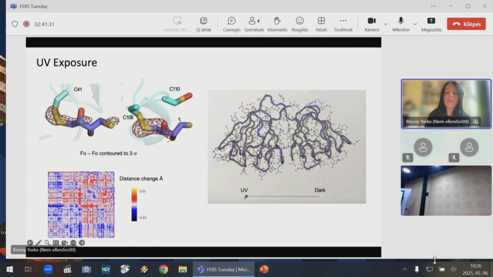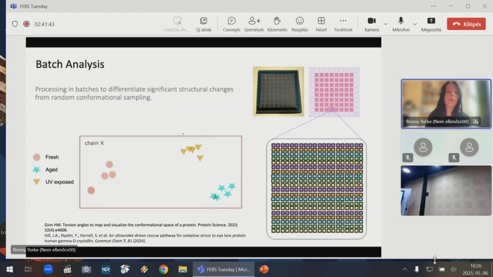But what we really wanted to understand was whether these structural changes and the removal of this adduct returned our protein back down to its ground state. So to do this, we performed a batch analysis of our data. When we do serial crystallography, we inherently oversample.